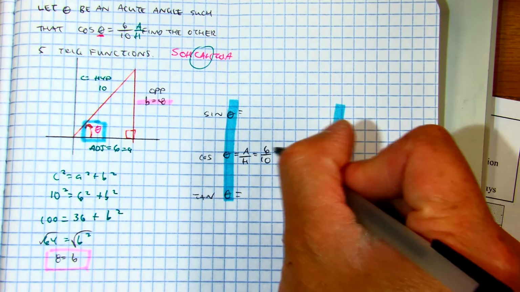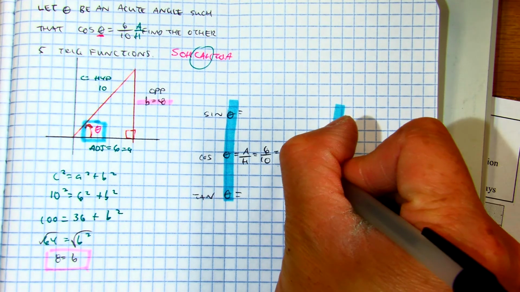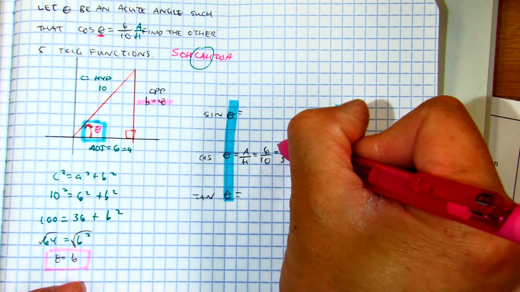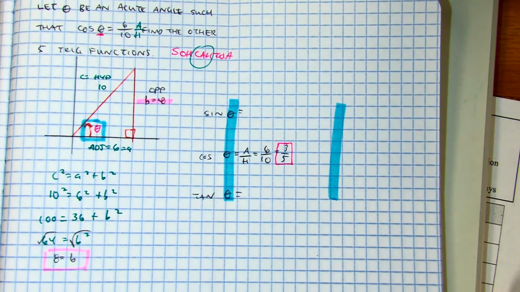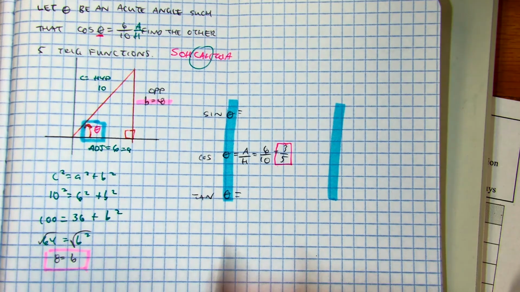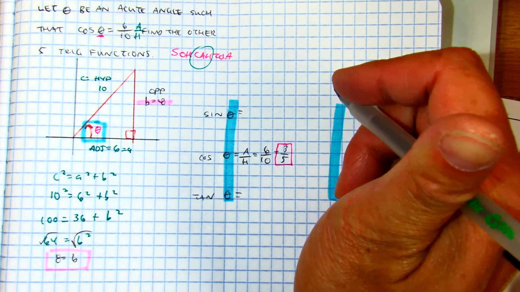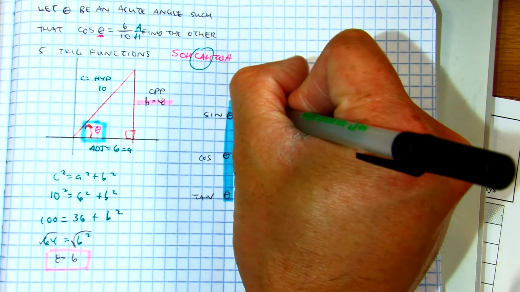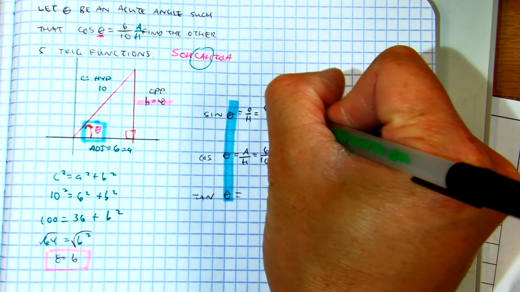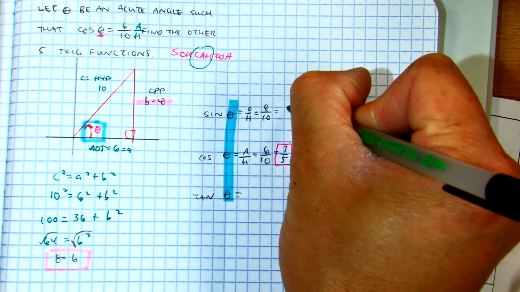Yep, just reducing. Divided by 2, divided by 2, get 3 over 5. Ronaldo? Why don't you do a sine for us, please? Sine is opposite over hypotenuse. Yep. Numbers? 8 over 10, which is 4 over 5. Good.